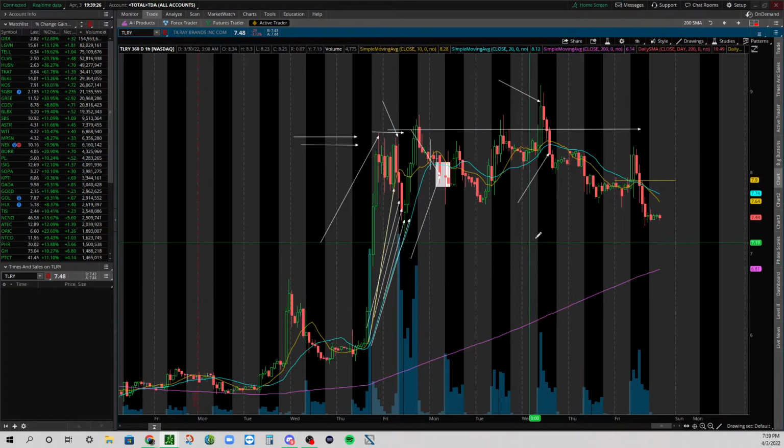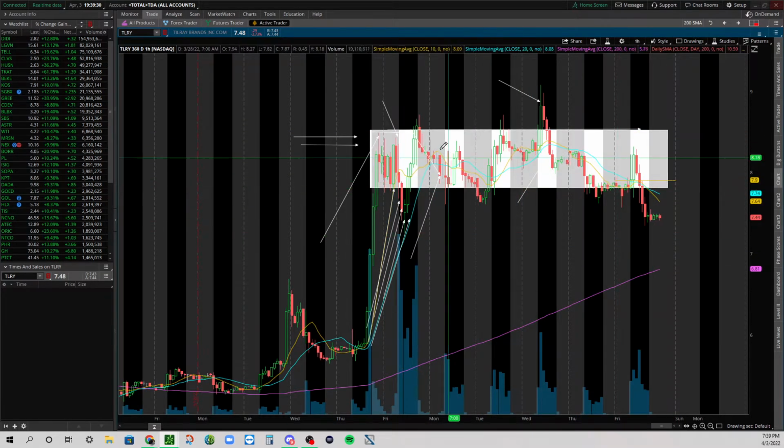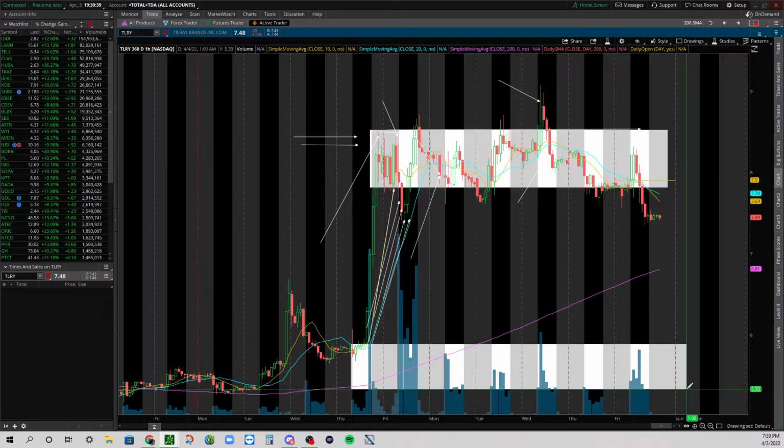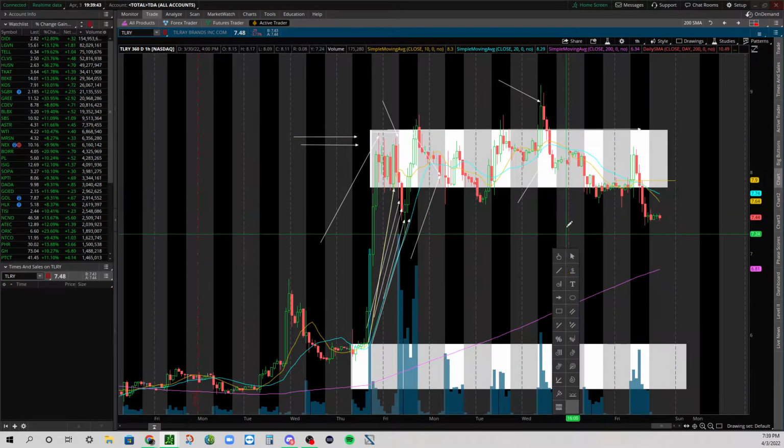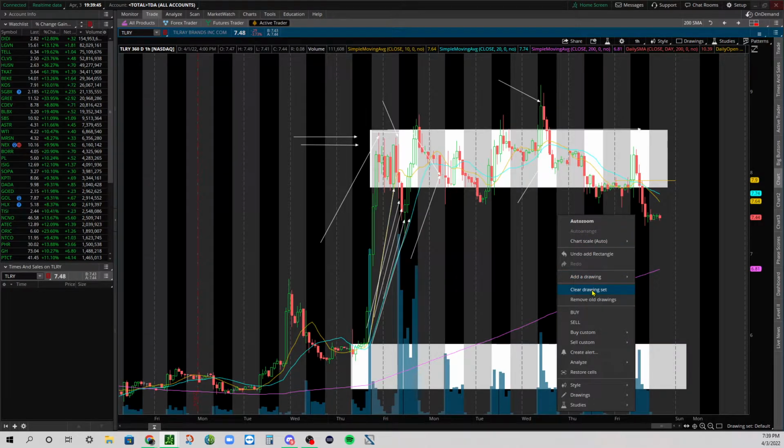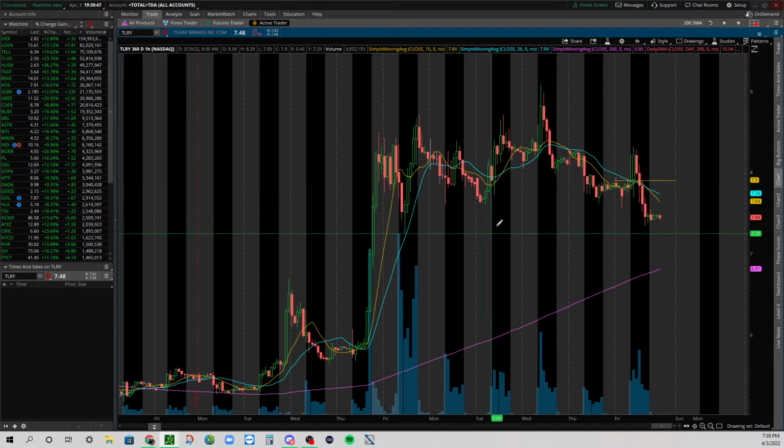Watched a lot of videos, and almost all of them confirm that without consolidation like this, do not short a stock. Or without consolidation like this at the bottom right here, do not buy to go long. And then, of course, as you know, your confirmation is the crossover below the 10 and 20 SMA, like this.